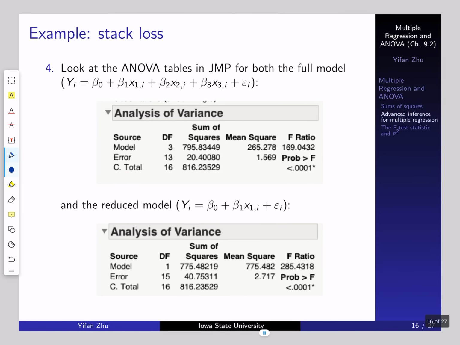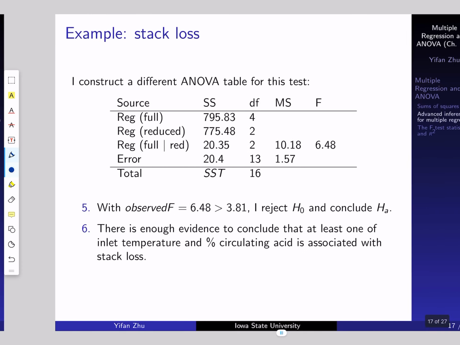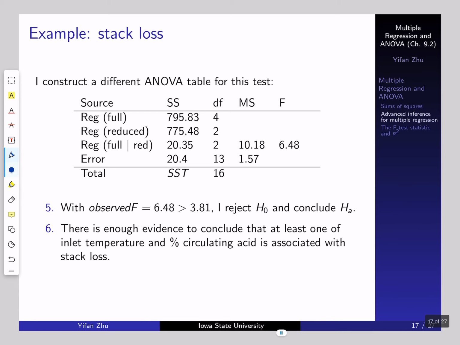We will look at the ANOVA table and JMP output for both the full model and the reduced model, and you can find the SSR for the full model and the SSR for the reduced model. With these two numbers you can construct the ANOVA table for this test.